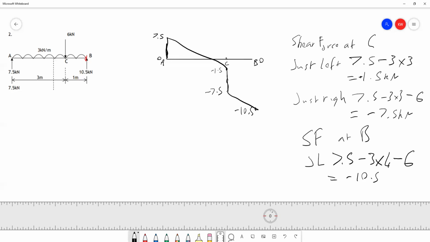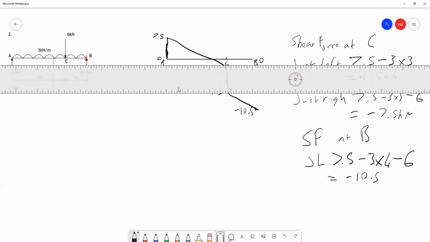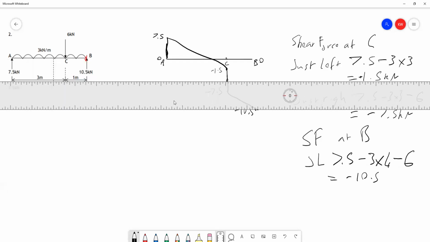And the last thing we need to consider for our shear force diagram is what happens at B just as we get to B. So we call this just right of B, but effectively this is at B because there's no more beam at this point. We've got 7.5 from the force at A. We've got the UDL force of minus 3 times 4.